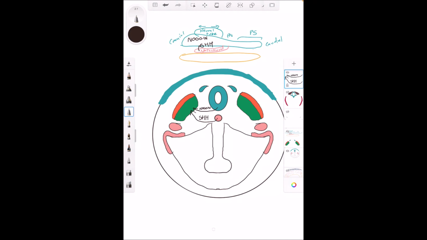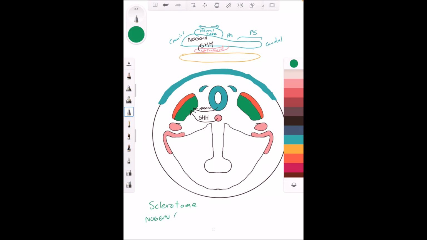So the way it works is that noggin from the neural tube, and SHH from the notochord, are both going to activate a transcription factor called PAX1.